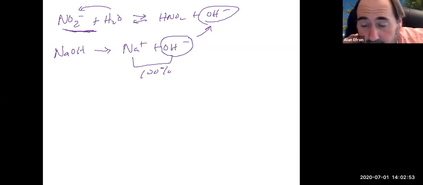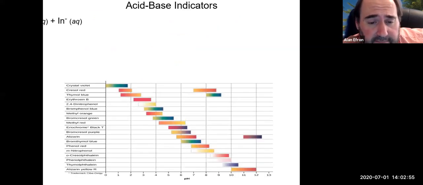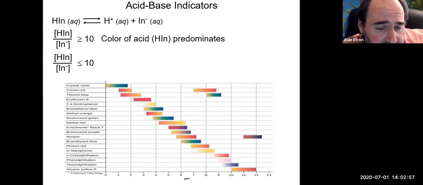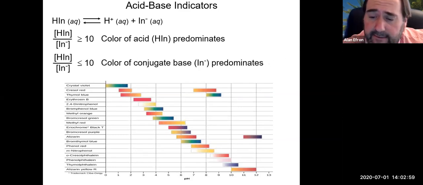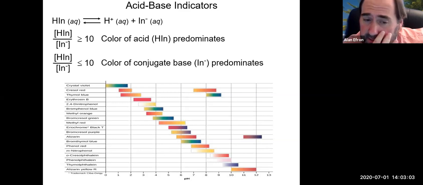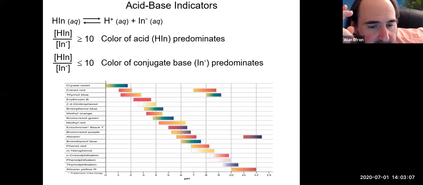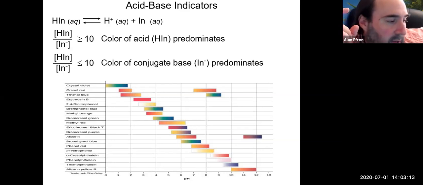Okay, so let's talk then about, to finish up this chapter, indicators and acid-base indicators. And obviously, when we do titrations, we do use indicators to help us visualize usually the equivalence point. And what we're looking for in terms of an indicator is one where we would expect it to change color near the equivalence point.